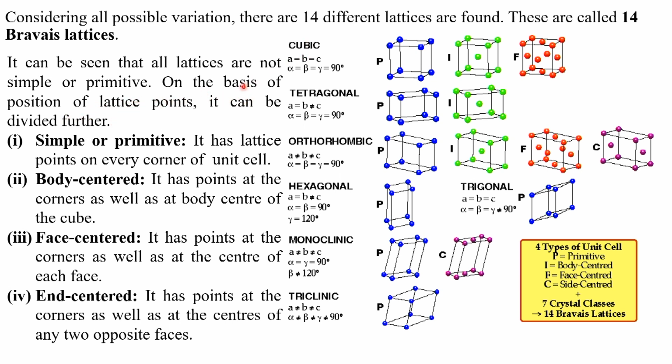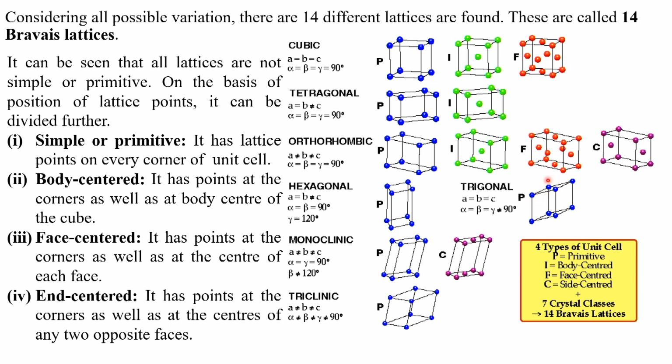For cubic, we know that a = b = c and alpha = beta = gamma = 90 degrees. P stands for primitive lattice, I stands for body centered, F stands for face centered, C stands for side centered. So there is one more C here and one more P here.